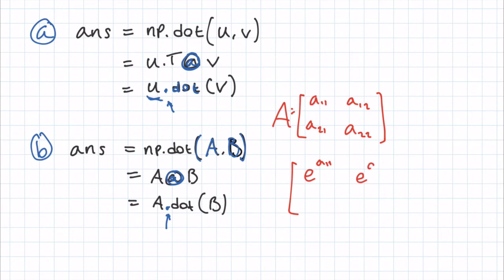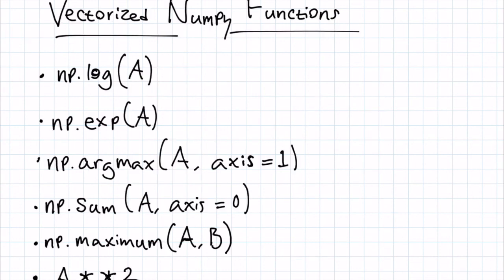So then my result would look like this, e to the A11, and so on. Now I could loop over i and j and raise each one, or I can call numpy.exp of A, and it will raise element-wise all the elements of A by taking e to the A sub ij. The following is a list of all such functions in NumPy that you may find useful for homework 2.